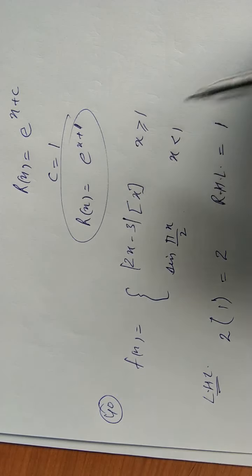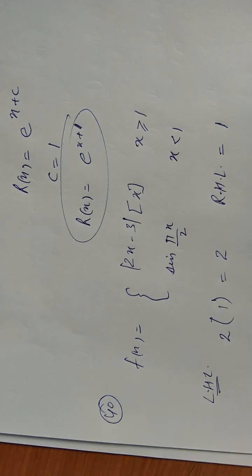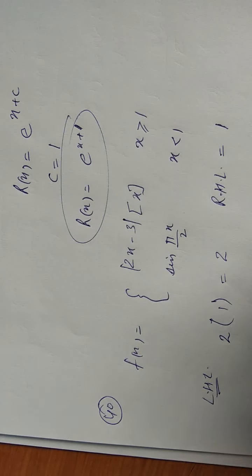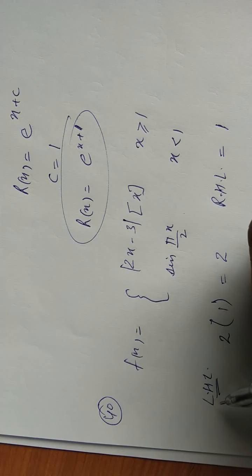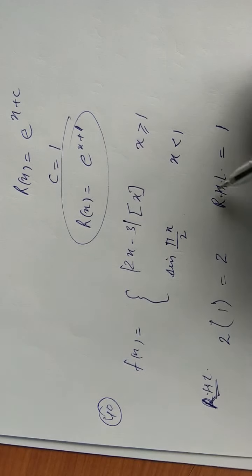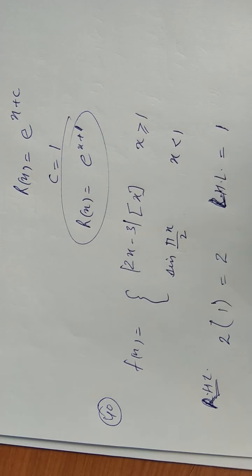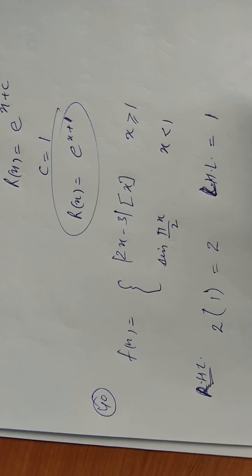Okay, so LHL is 2 and RHL is 1. Sorry, this is RHL at 2 positive, and this is LHL. So if LHL and RHL are unequal, the function is discontinuous.